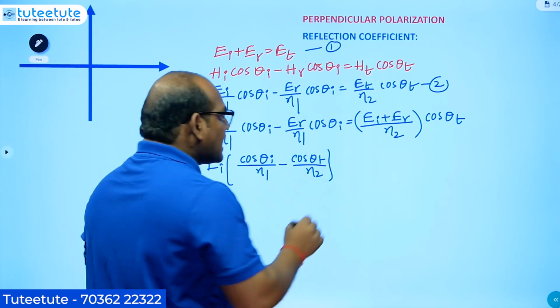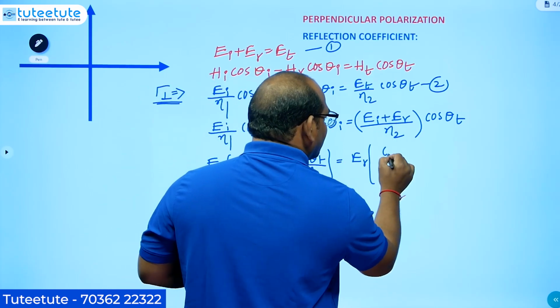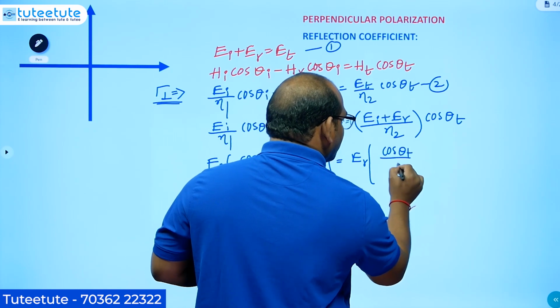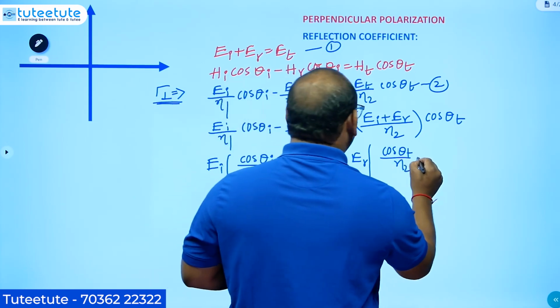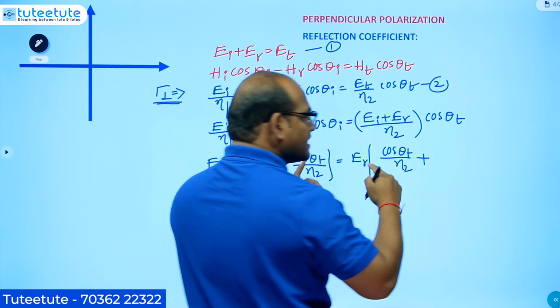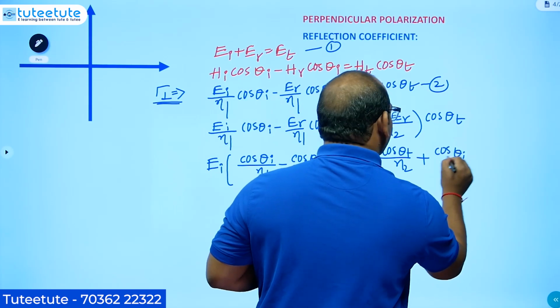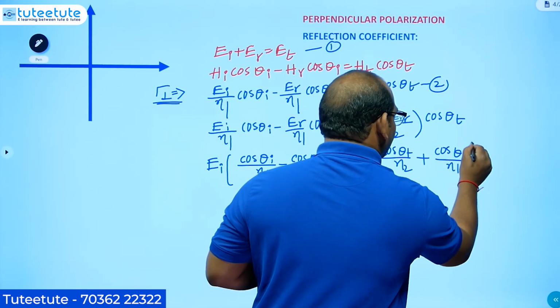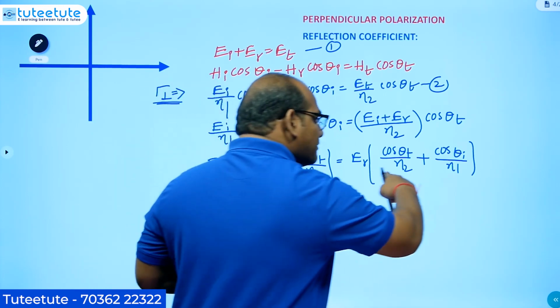And it is equal to ER times cos theta T by eta 2, and here also an ER term is there, so sending that one to this side, the minus becomes plus, cos theta I by eta 1. Like this we can write. The LCM will be eta 1 eta 2.